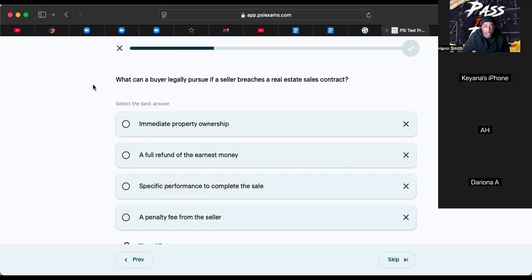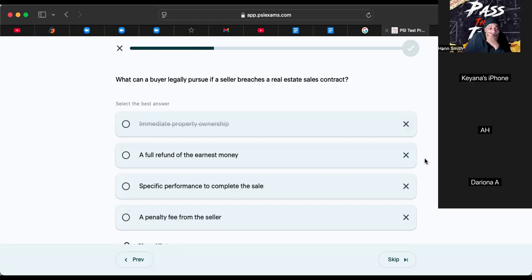Remember what I told you about if you see something in these types of questions, this is what you should be thinking. So I'm going to get rid of immediate property ownership. They will get a full refund of the earnest money, right?